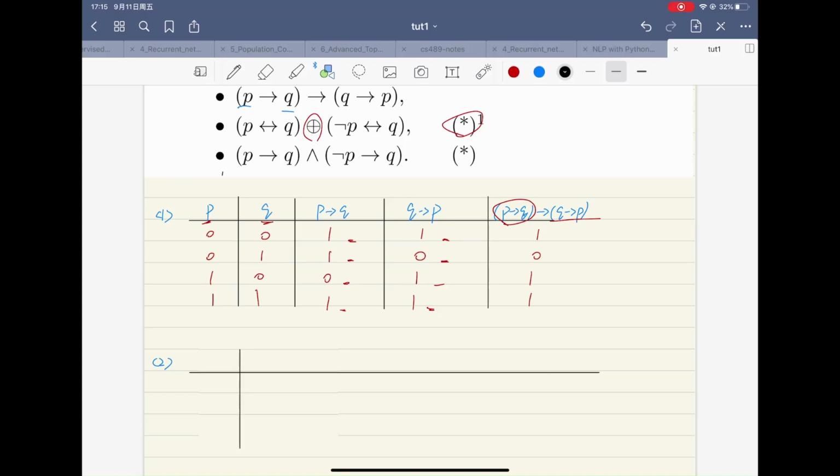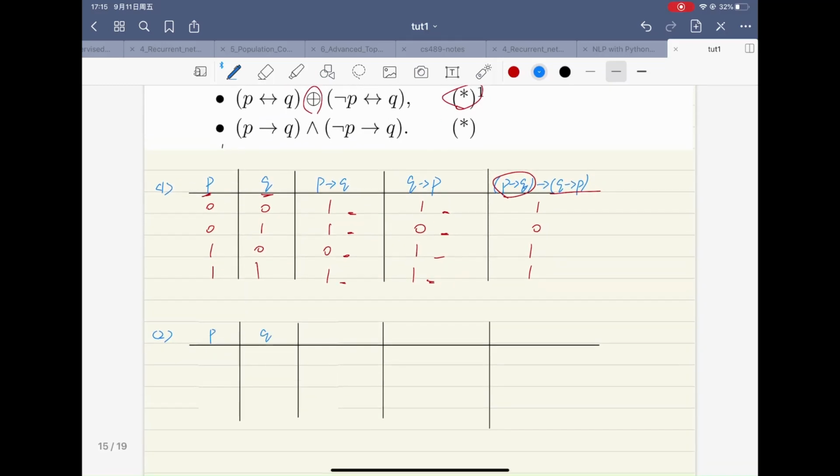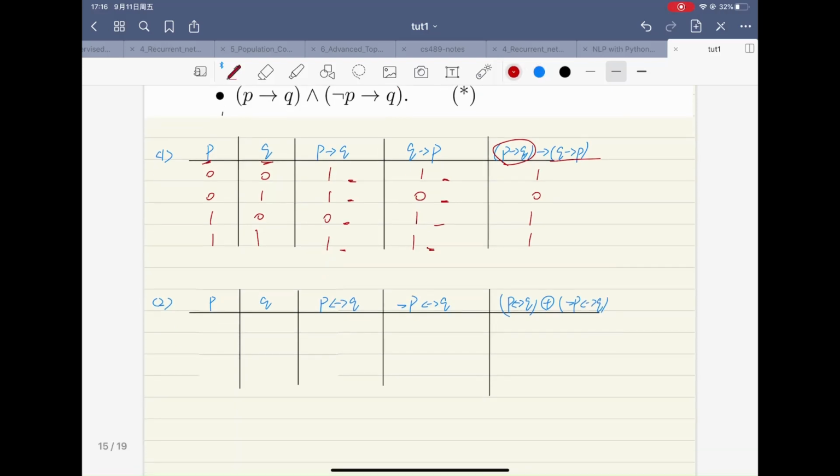We need 1 column for P, 1 column for Q. So we have P, Q. P if and only if Q, not P if and only if Q. So P if and only if Q, XOR, not P if and only if Q. So same way here.